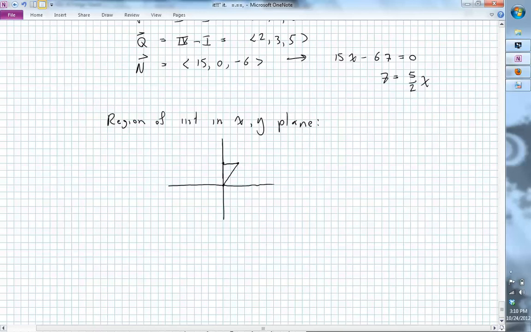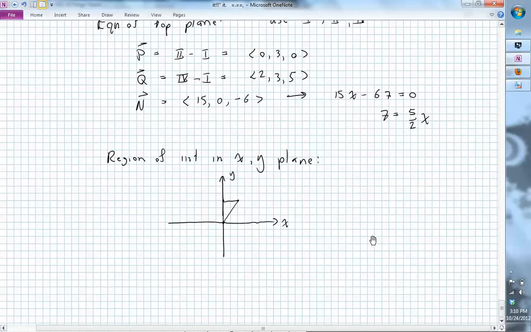Why am I bothering to sketch this out? It's limits. I'm trying to find these limits in x and y, right? So I've got the limits in z. I'm trying to find the limits in x and y. Let's take a vertical slice here. At the bottom, what's y?